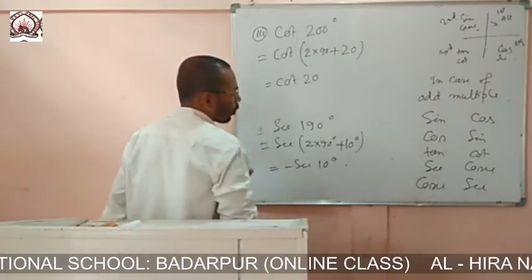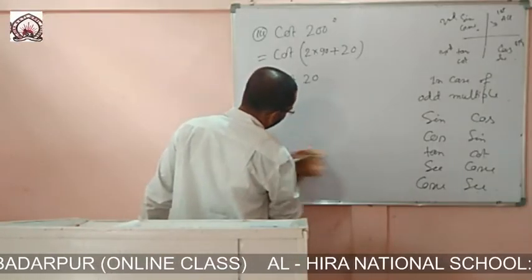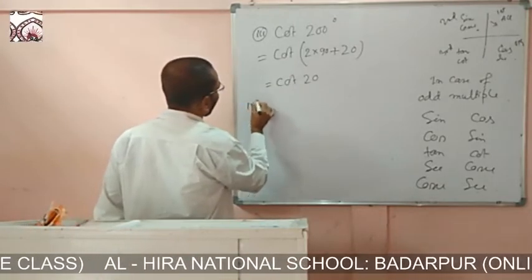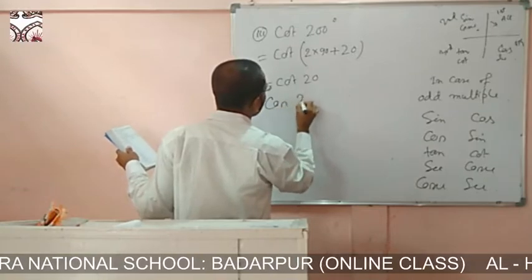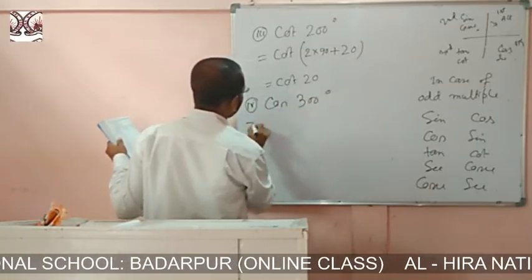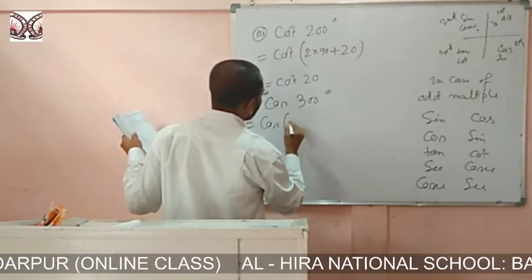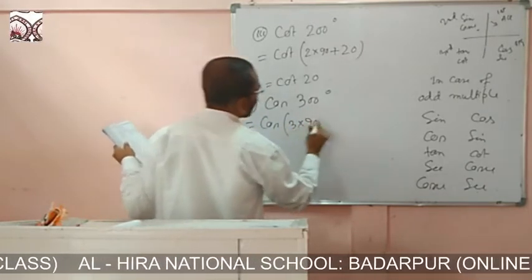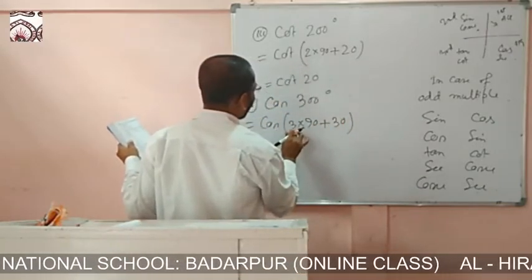Now number 4 is cos 300 degree. If we divide by 90, cos 300 degree will be 3 into 90, which means 270, so the remaining will be plus 30. So cos of 3 into 90 plus 30, this is an odd multiple.